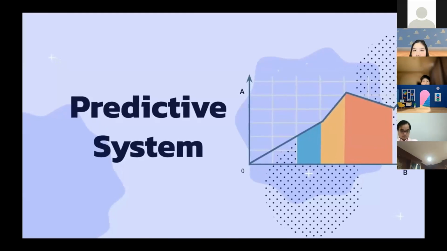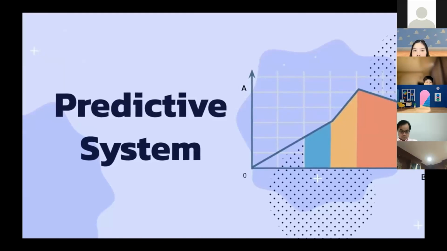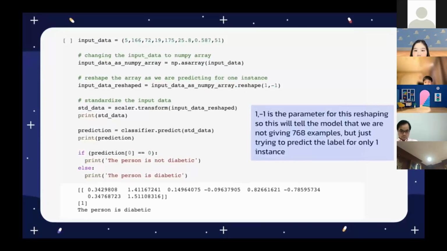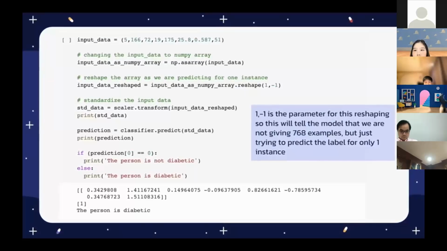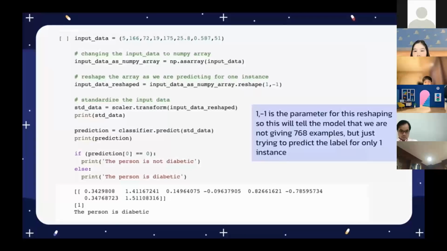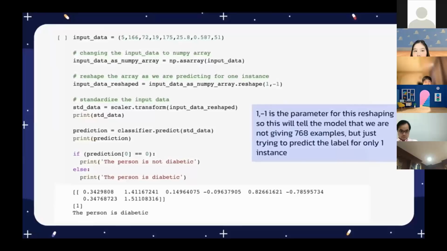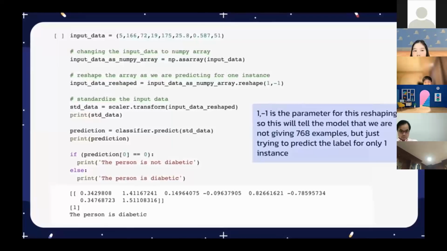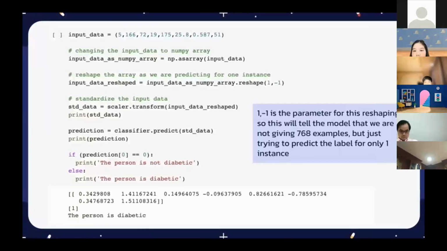Once I have a good accuracy score, I made a predictive system that can predict whether a person has diabetes or not with the help of this input data. The first step of the predictive system is to change the input data to a NumPy array. Then we reshape the array as we are predicting for one instance, and 1 and minus 1 are the parameters for this reshaping.